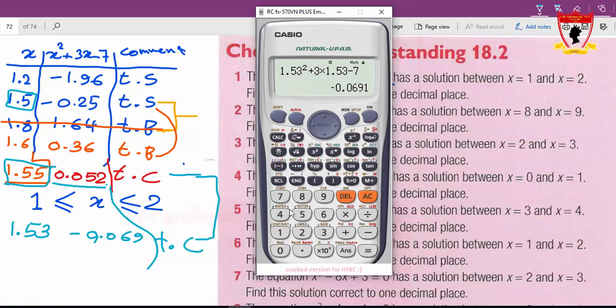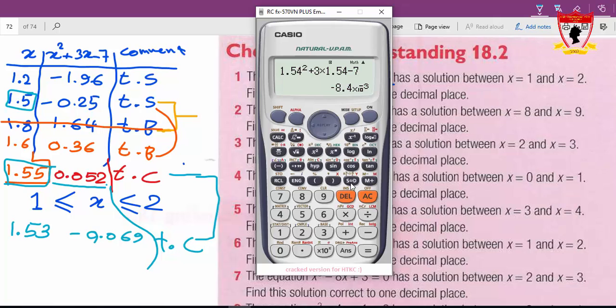Well, let's pick 1.54, then 1.54 power 2 plus 3 times 1.54, then minus 7. This one is way closer to 0. This one is negative 0.0084.